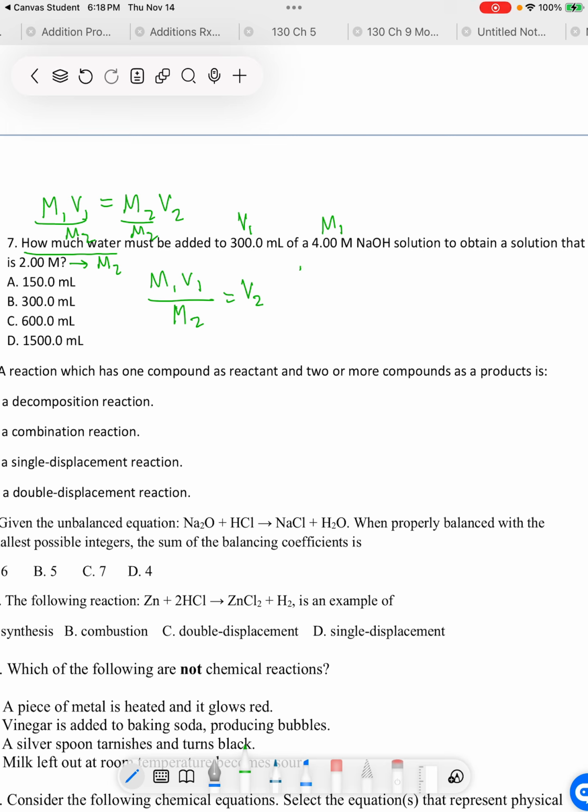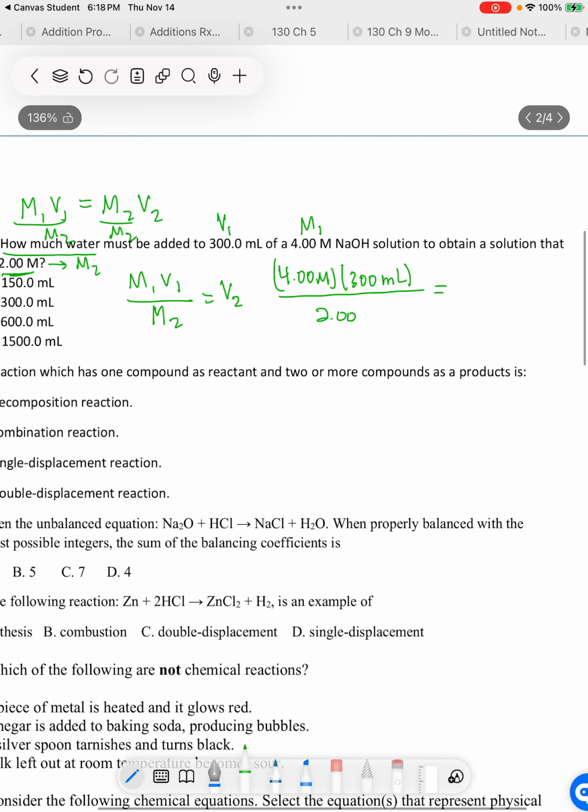So our molarity 1 is this, and then our volume, and since the answers, if you'll notice here, are in milliliters, I'm just gonna keep my volume in milliliters. So we have 300 milliliters, and we're gonna divide it by the second molarity, which is 2.00.